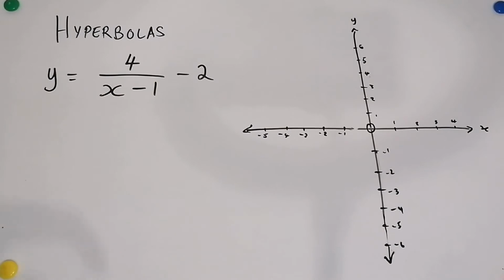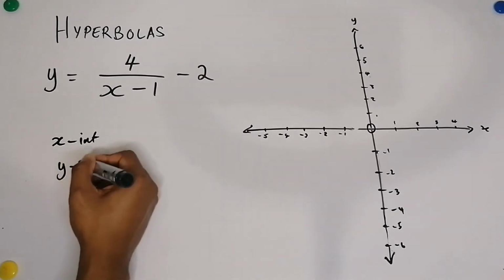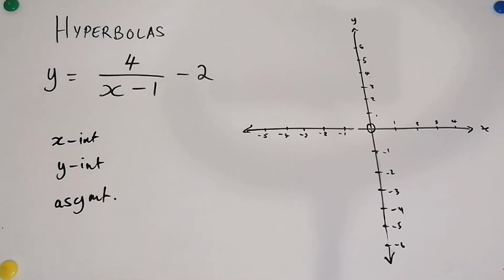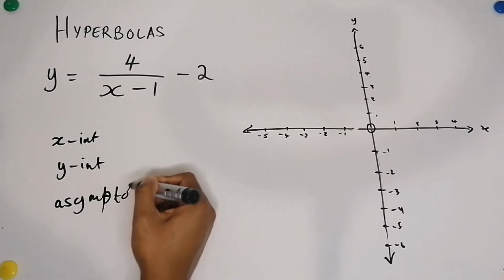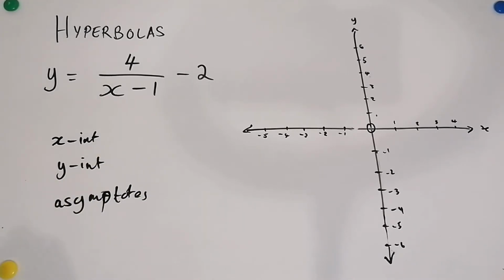Before we can do that though, you should first know how to calculate a couple of things, such as the x-intercept, the y-intercept, and the asymptotes. Firstly, the x-intercept will be easy. We can just make y equal to 0 and solve for x. The y-intercept will also be easy, because then I make x 0 and solve for y. Asymptotes we read off the graph.